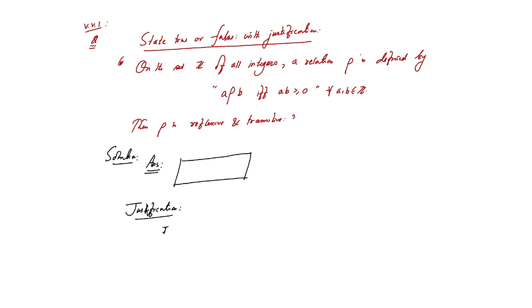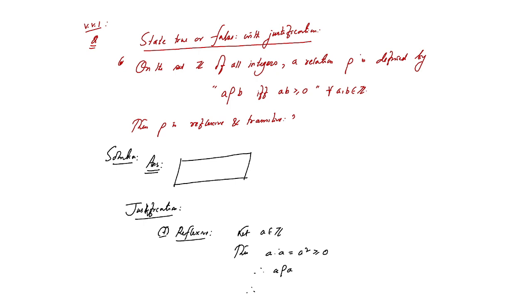Okay. So to check the reflexive property, we will take A belongs to Z. Then A multiplied by A, that means A square. The square of a real number, in fact an integer, is always greater than or equal to 0. So that means A rho A holds.